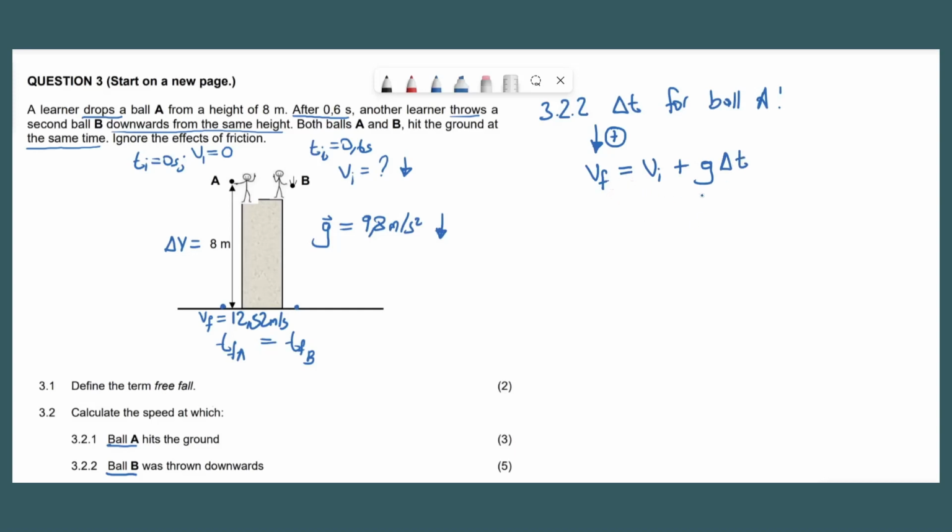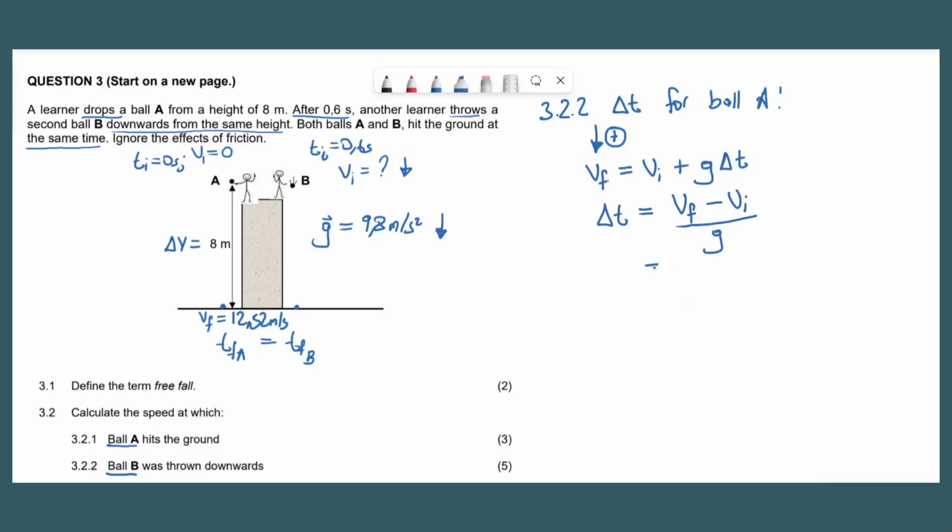And so since we are interested in finding the change in time, we can actually make it the subject of the formula even before we substitute the rest of the quantities. And so we will get that the change in time is going to be equal to the final velocity minus the initial velocity divided by the gravitational acceleration.